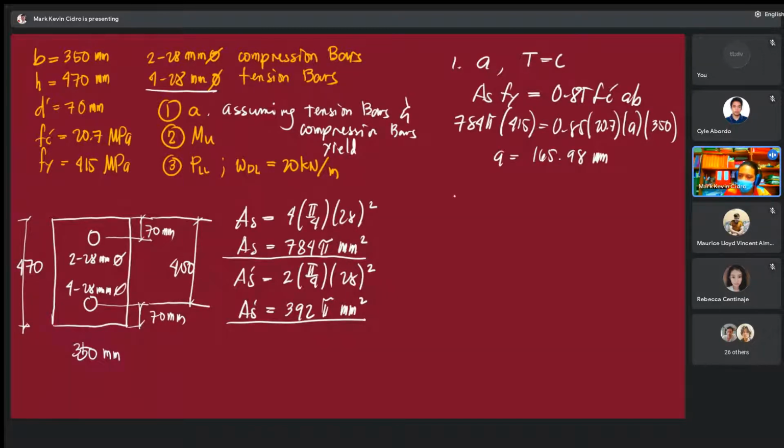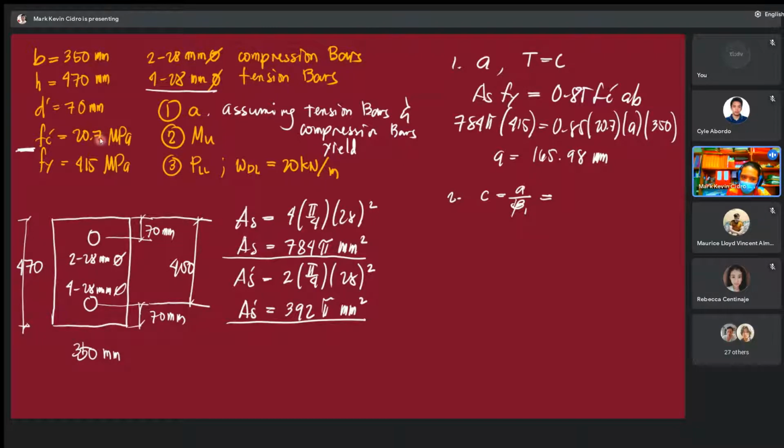Step number 2, we check if our assumptions are correct. How do we check? Solve for C. C is equal to A over beta 1. Beta 1 is 0.85 because the value of Fc prime is less than 28.